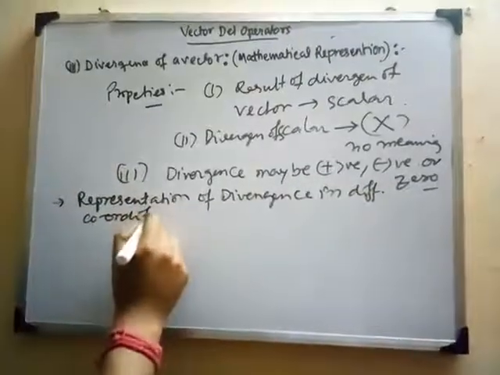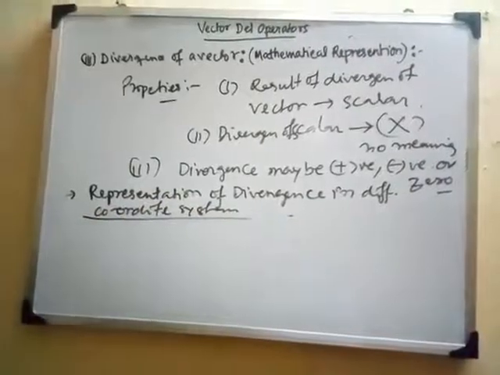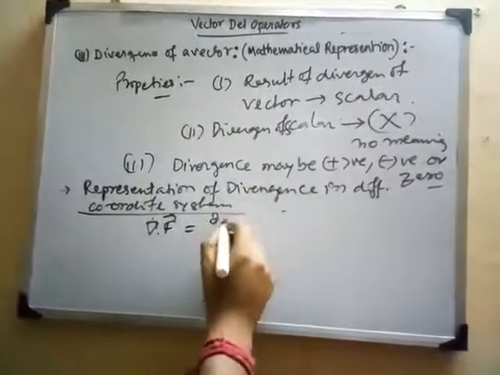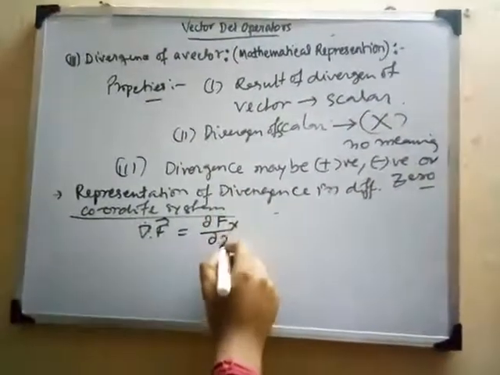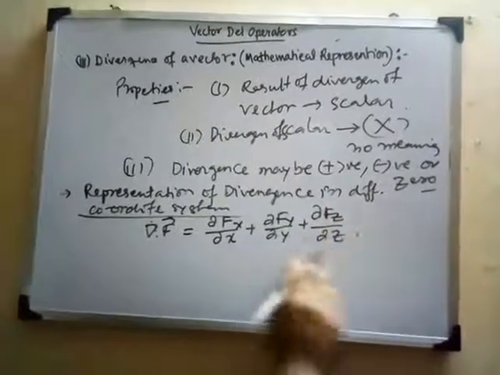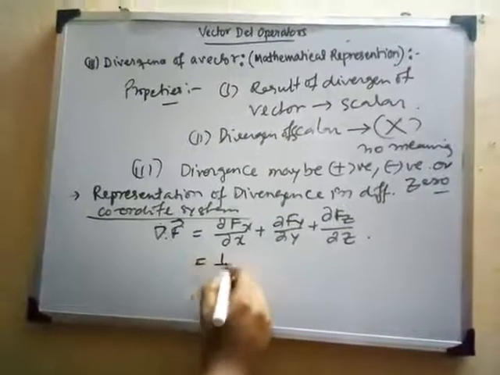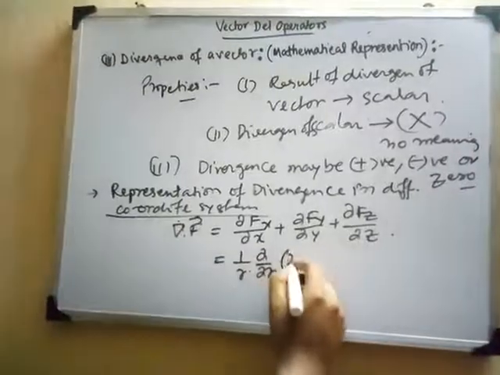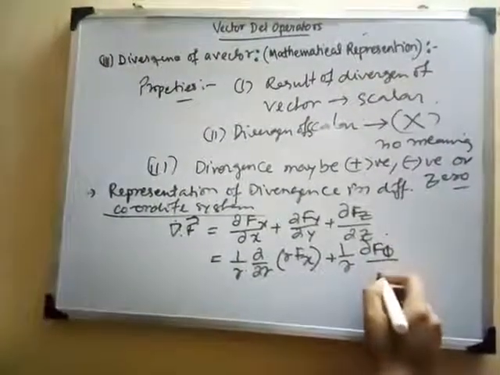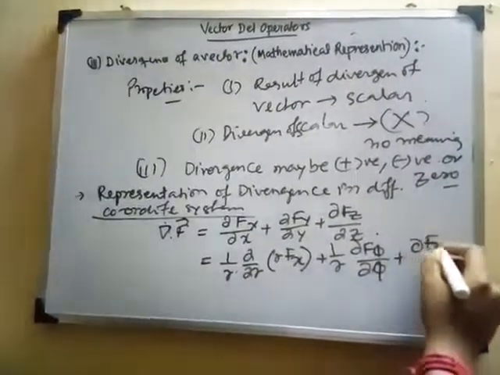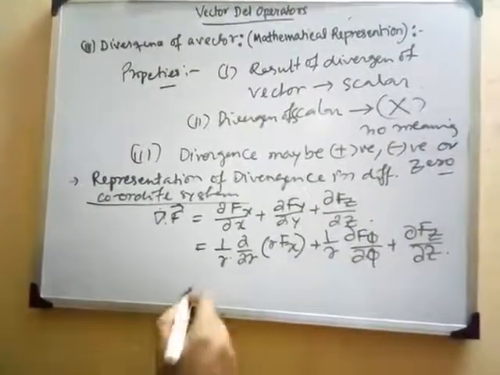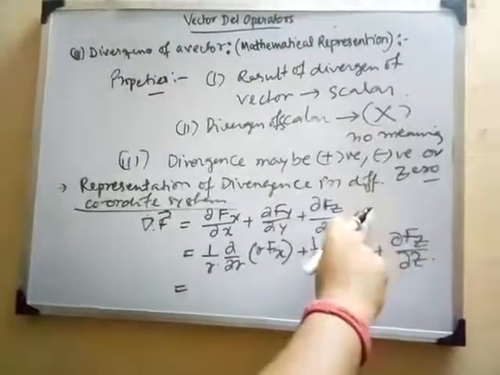Del dot F, the divergence, is represented in the Cartesian coordinate system as ∂Fx/∂x plus ∂Fy/∂y plus ∂Fz/∂z. In the cylindrical coordinate system, it is (1/r) ∂(r Fr)/∂r plus (1/r) ∂Fφ/∂φ plus ∂Fz/∂z.